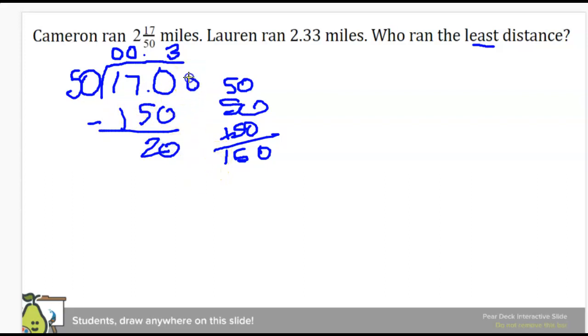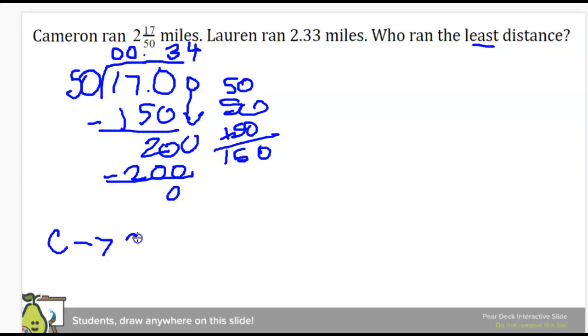So I want to keep going because I really want this to be 0 if I can get it there. So 50 goes into 200 4 times. I know that because 3 times 50 was 150, so then 4 times 50 would have to get me 200. So what this means is that Cameron ran 2 34/100, because that's the decimal part that we got, and then Lauren ran 2 33/100.